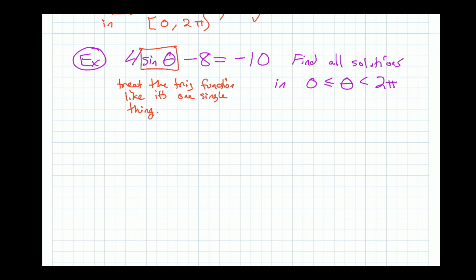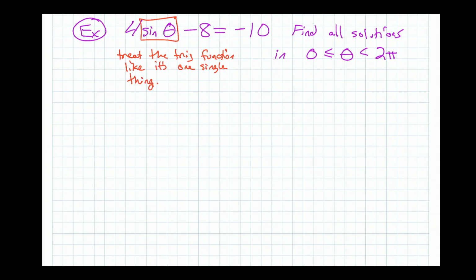So for now, we're not going to worry about getting the theta out of the sine, because that's not sine times theta. That's a theta inside of the sine function. So they're stuck together. So just leave it the way it is.